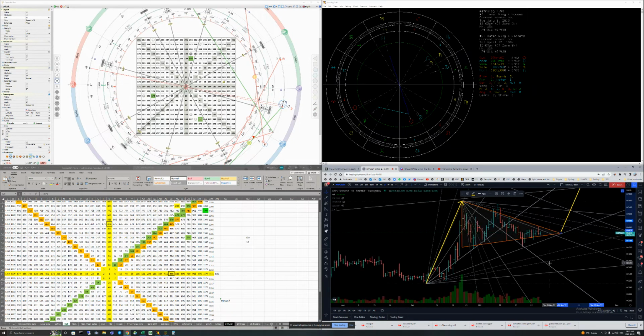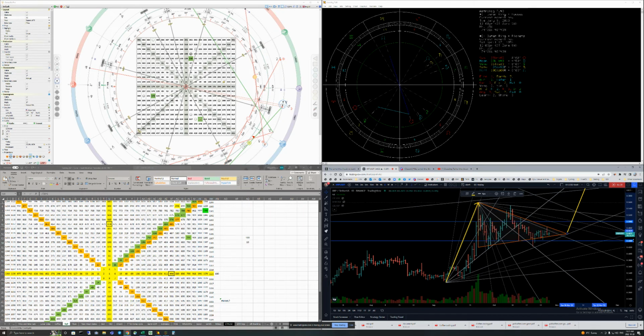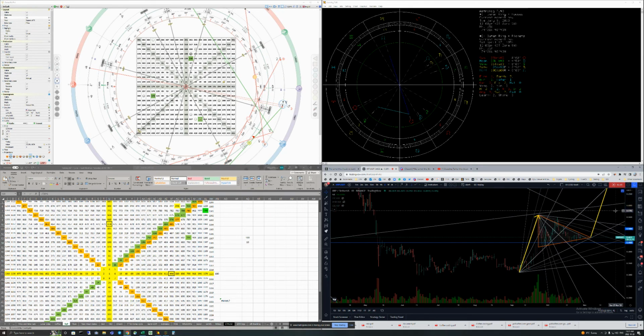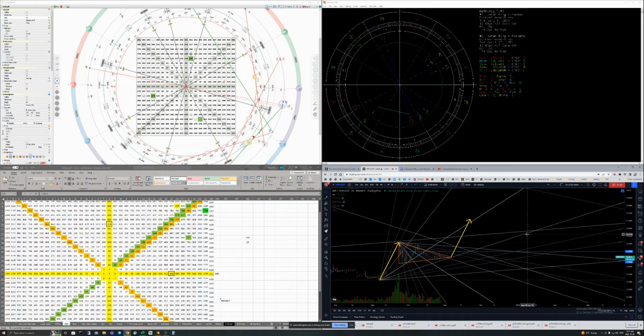There's going to be a breakout somewhere. We'll probably shake out some stops before we take off to the upside. At least that's what I see. And let's zoom out and see what kind of price level we would be going to. So there is this guy right here.